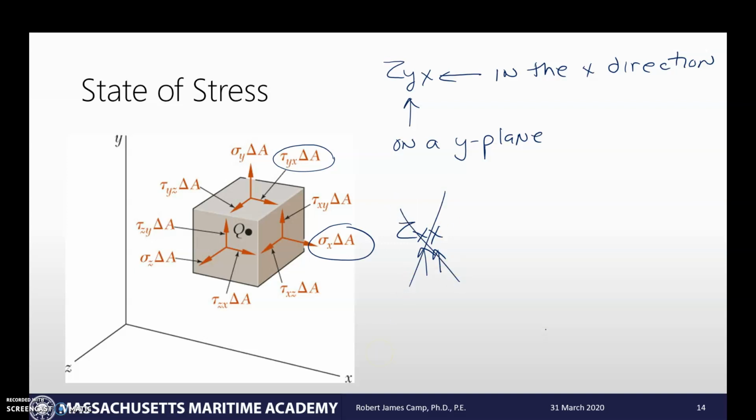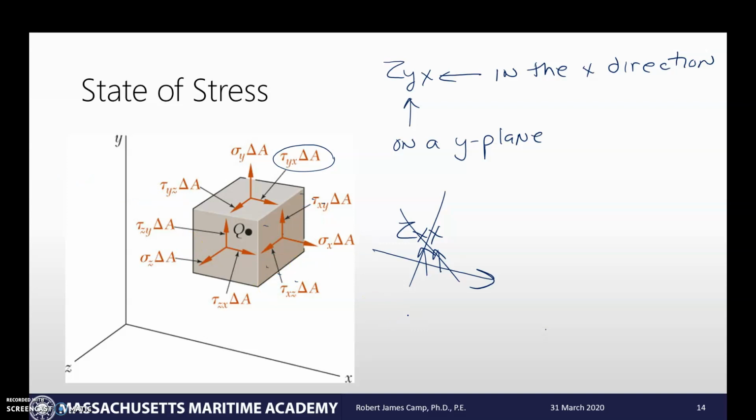So tau yx is a force that is on the y-plane, but acting in the x direction. That's not going to give us a normal stress. The reason I say that is, unlike our sigma x, where it pulls this way and pulls this way and we get longer in both of these planes, that's not what's going on with our shear.